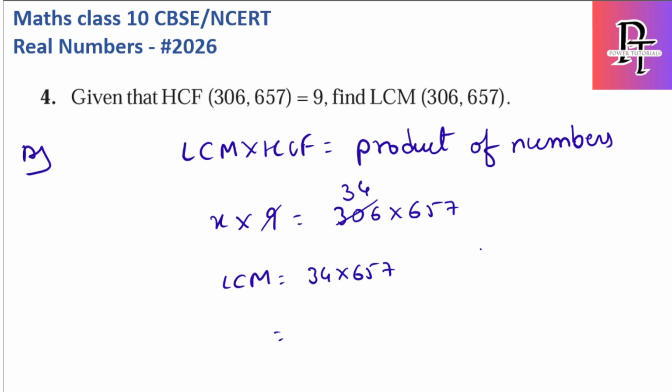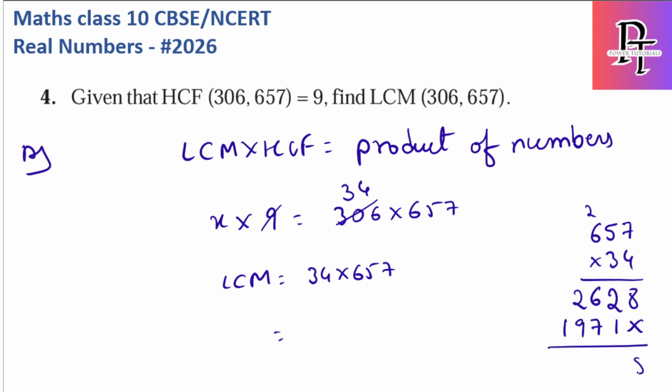Let's solve this value. Multiplying 657 by 34 step by step and adding the partial products, the final answer is 22,338.